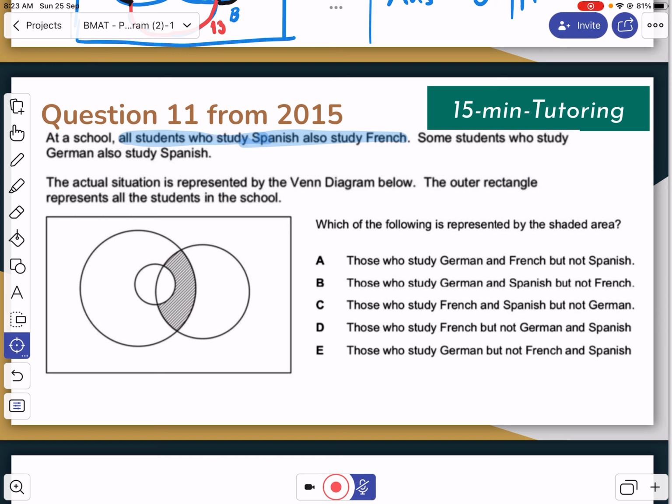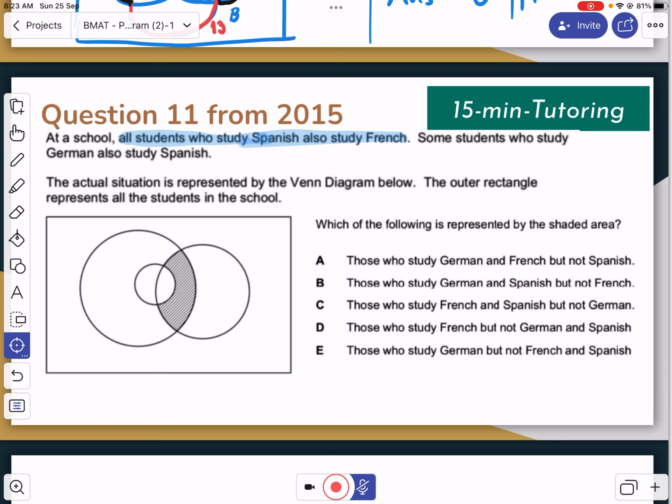Now the question asks, the situation is represented by the Venn diagram below. And which of the following is represented by the shaded area? Now what's the problem here? The problem is that they don't give us labels. So we'll be giving label ourselves.